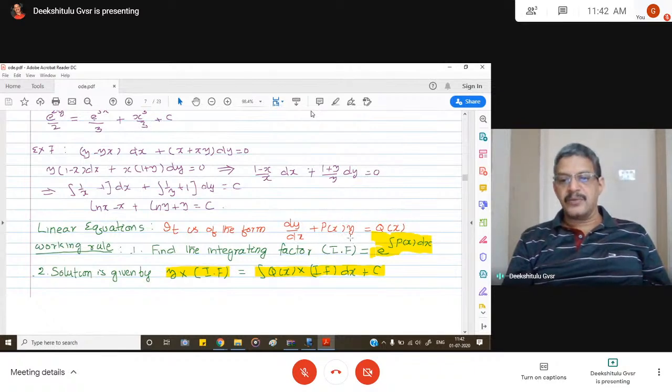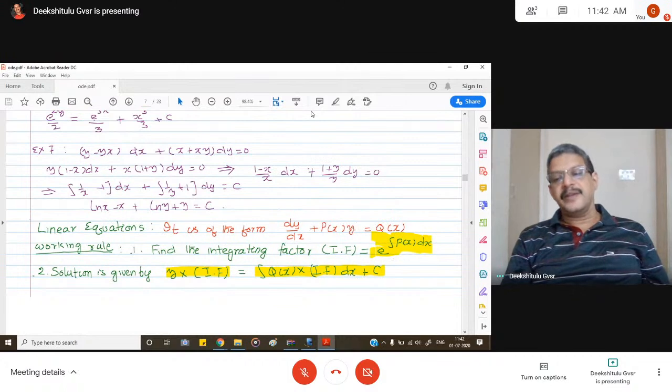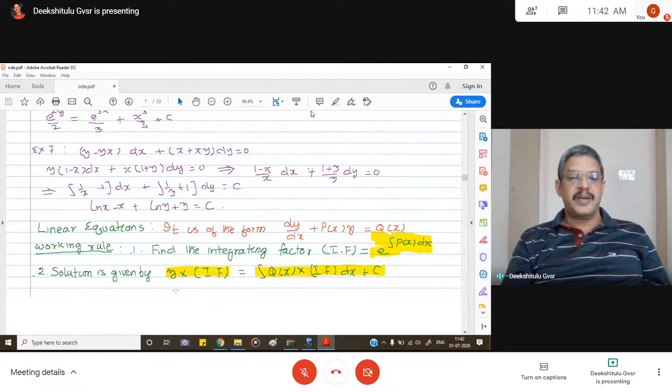Whatever p you have, the coefficient of y, integrate with respect to x, and the exponential of that gives the integrating factor, e power integral p of x dx. Once you get the integrating factor, the solution is given by y into integrating factor is equal to integral of q x into integrating factor dx.